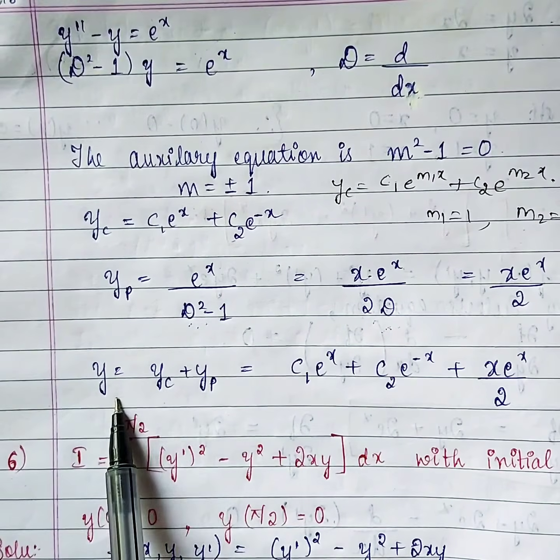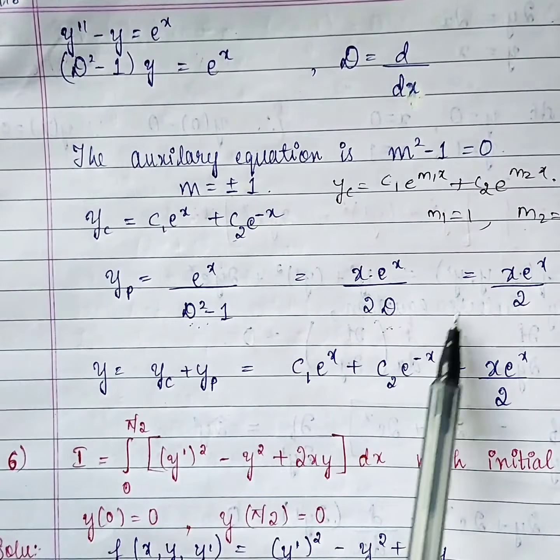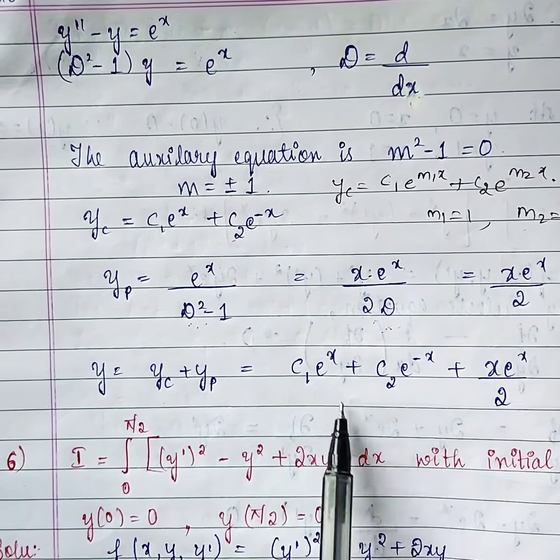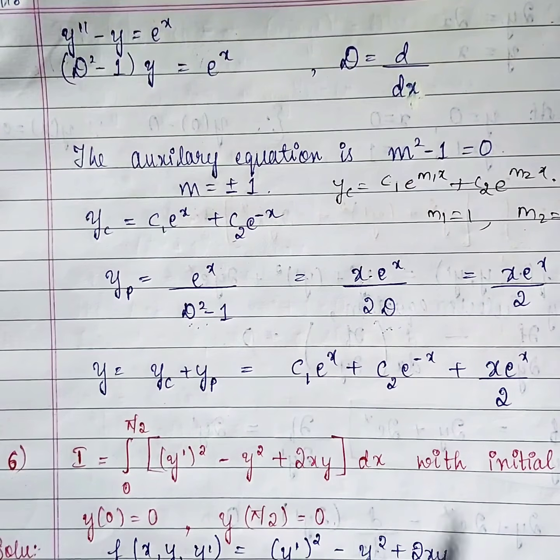So finally the solution is yc plus yp. Yc is your first answer and yp is the particular integral answer. So this is your solution. Okay. In some problems they will give the initial conditions. By using those initial conditions you can find the corresponding c1, c2 constants.